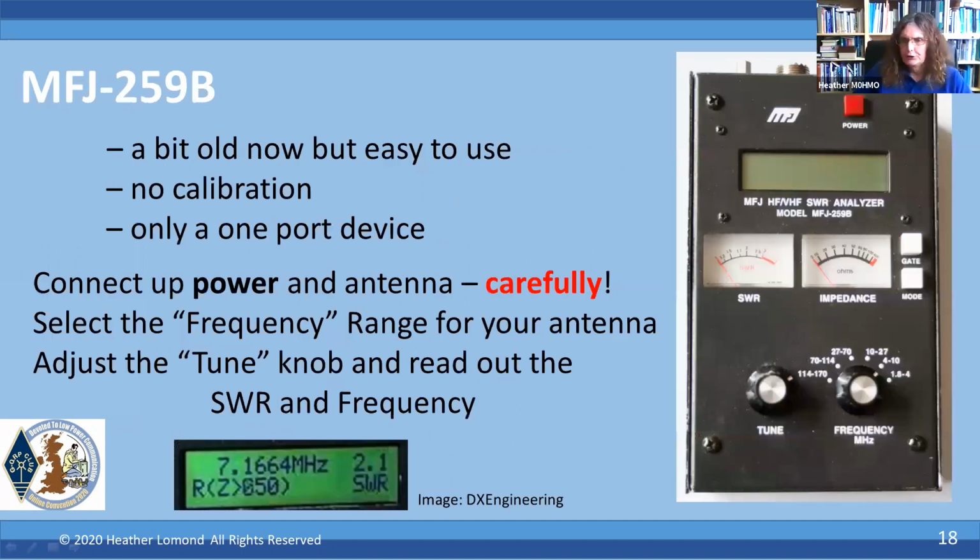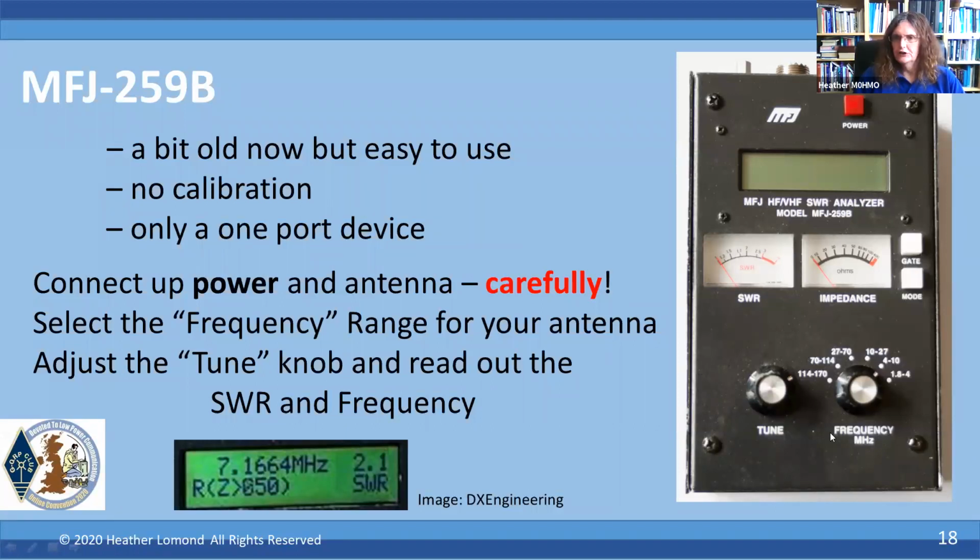So on to our first one. This is probably one that most people will have seen, good old MFJ 259B. It's a one-port device. The antenna connects at the top here. You basically just connect your antenna, apply power carefully, and you get a reading.